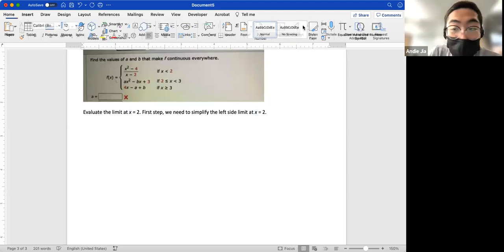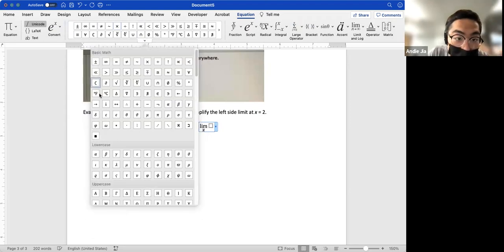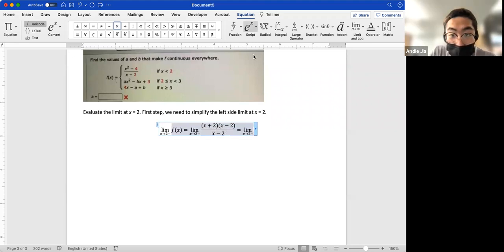We must have the limit as x approaches 2 from the left side of f of x, which is equal to the limit, we factor polynomials, and what we have is the limit of x plus 2, which is 4.